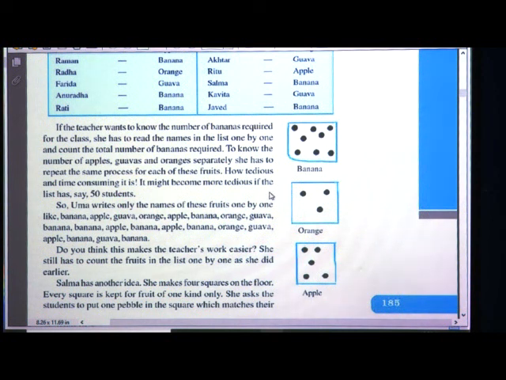So, what do you think among these, which is the easiest method to find it? Yes students, it is right. The last method which was told by Salma is the easiest method, to prepare the squares and put the pebbles in the square boxes to find the number of students who like which fruits.